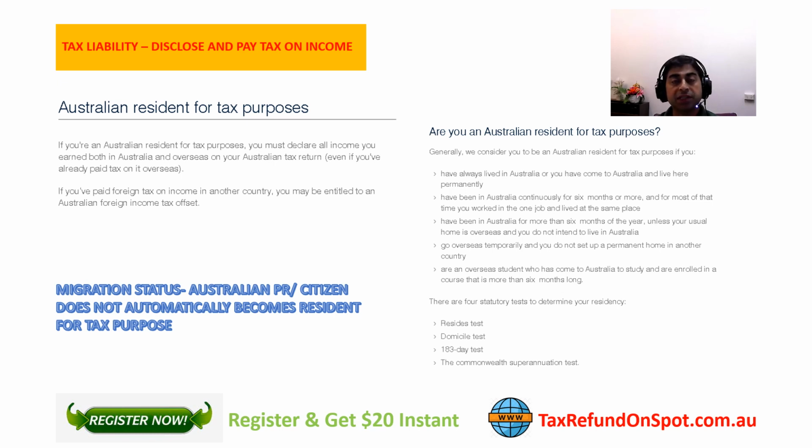If you have overseas assets in Indonesia, in China, in India, then you have to disclose it. But if you are a non-resident, then you do not have to disclose the income. If you are a resident, you have to disclose by law.